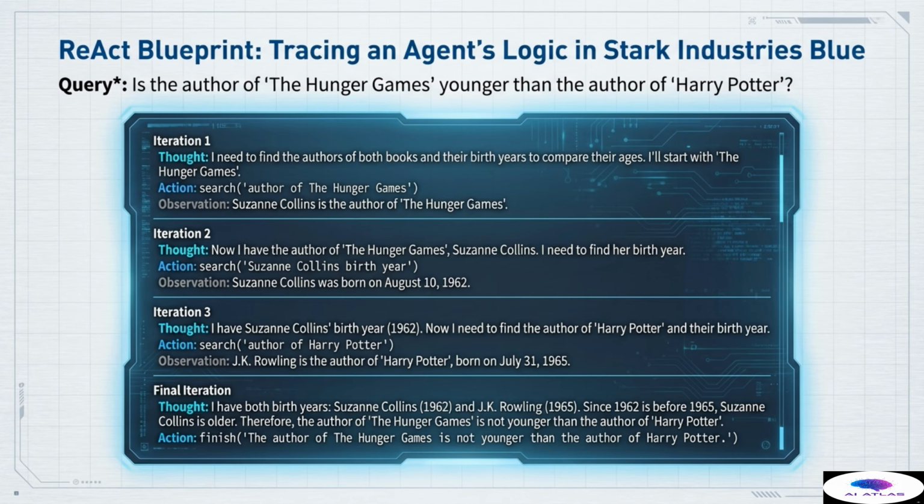The thought synthesizes the 2 birth years, 1962 and 1965, correctly deducing that since 1962 is chronologically before 1965, Susan Collins is older. The action then issues a definitive finish command, providing the final, reasoned answer based on all gathered evidence. This sequential, transparent, and self-correcting method is the defining characteristic of the ReAct pattern.